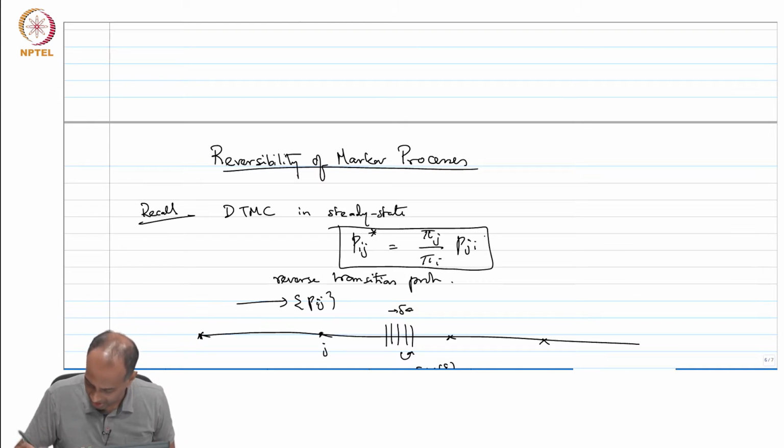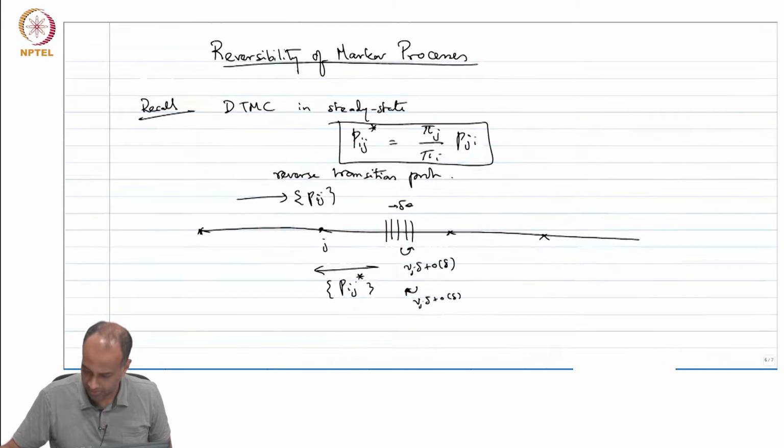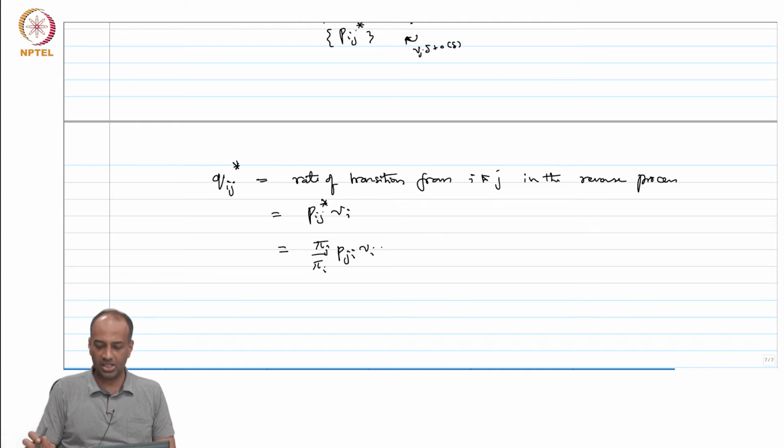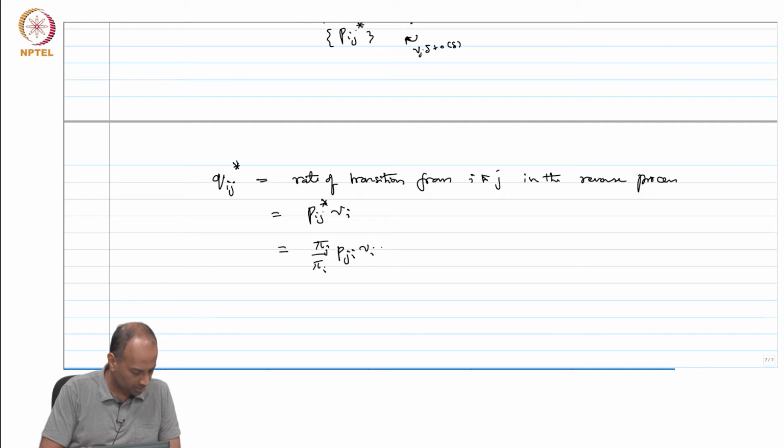So this should be p_ji times nu i. These are your transition rates in the reverse process. Let me just check that this is correct: it is nu i pi j p_ji over pi i.